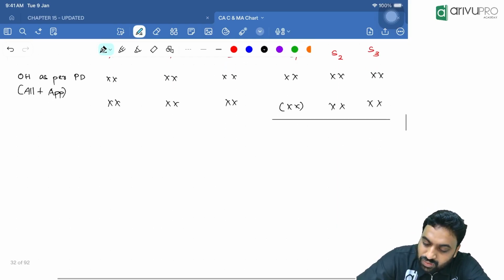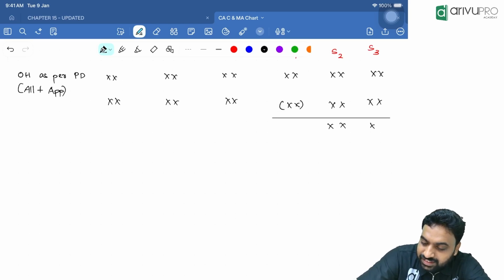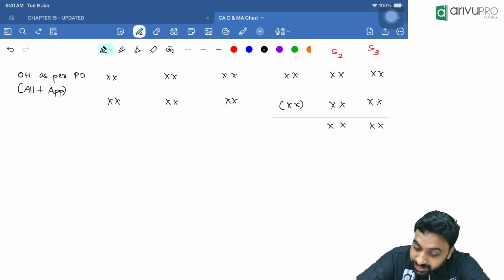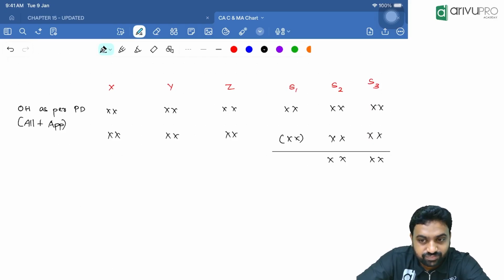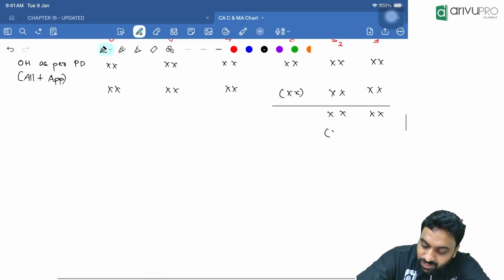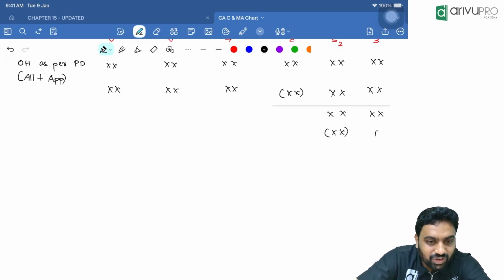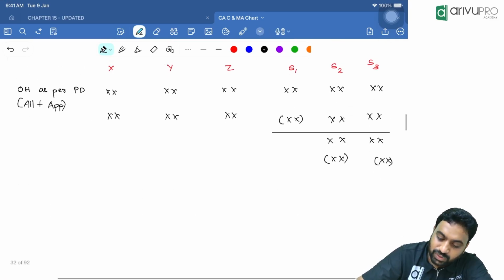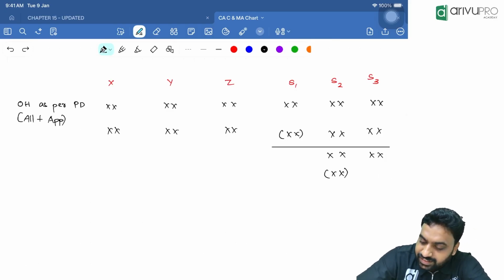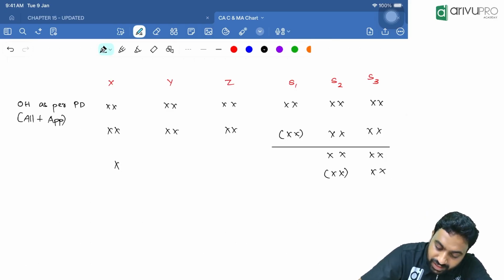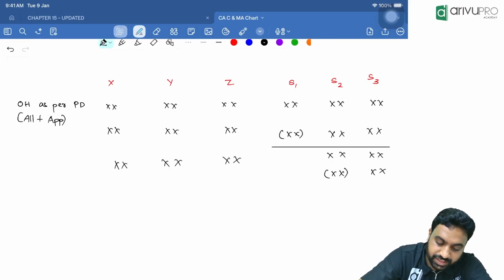Now the overhead of S2 and S3 has increased. Now, S2 loves S3, but not S1. That means S2 is not reciprocating. Whatever the overhead of S2 is, that is reapportioned to S3 along with the production departments. Got it?